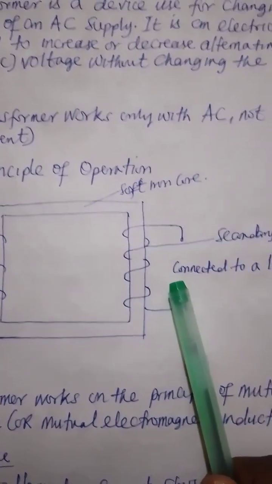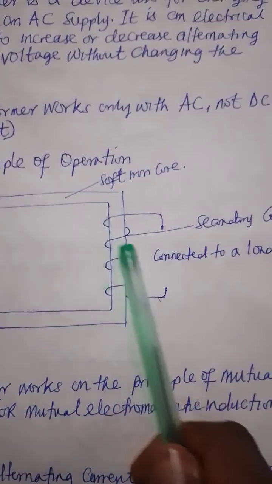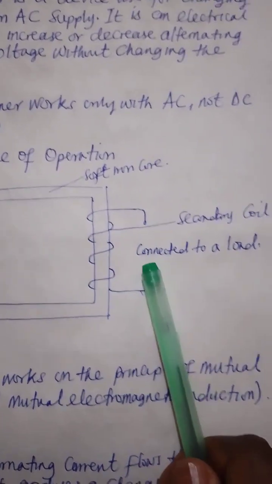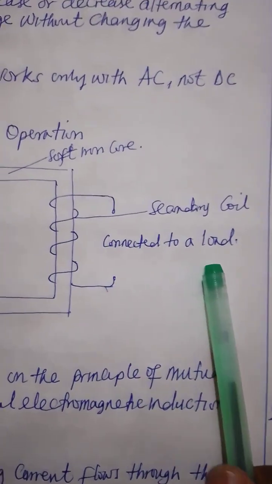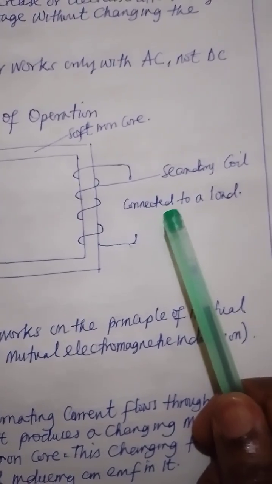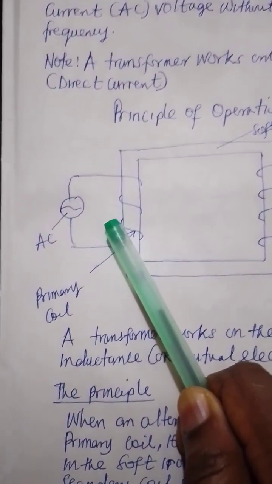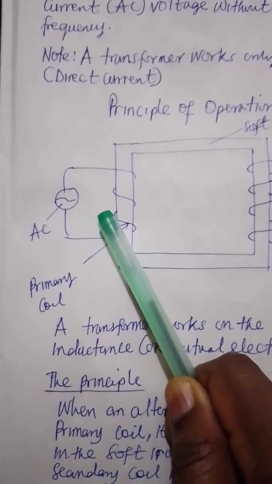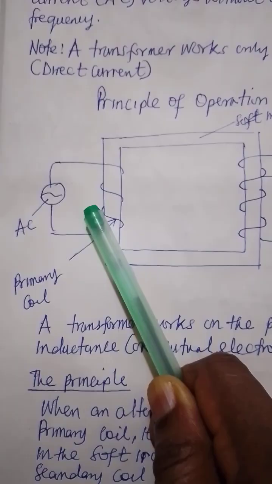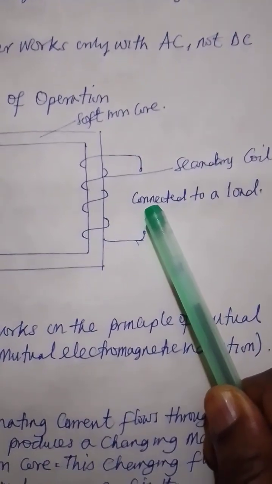Then you have the secondary side and the secondary coil wound on the secondary part of the soft iron core, and this part is always connected to the load. So this is the mains, this is the load. The primary side is associated with the mains, that is the supply of the alternating current, while the secondary side is connected to the load.